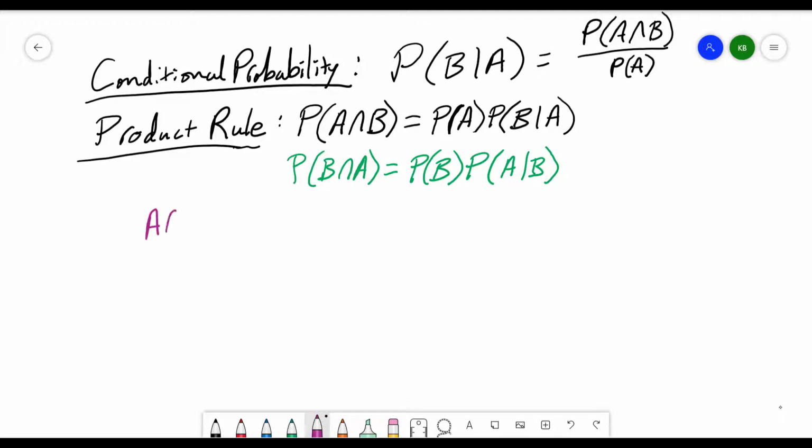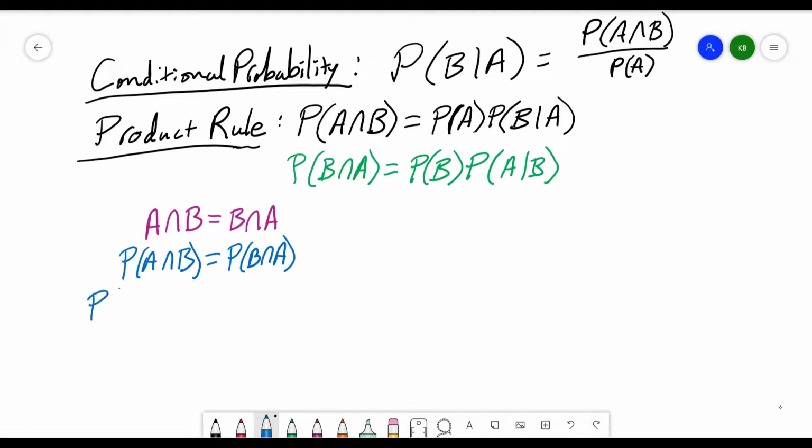However, A intersect B is actually the same set of outcomes as B intersect A. And since that's the case, then the probability of A intersect B equals the probability of B intersect A. So this actually tells me then that the probability of A times the probability of B given A equals the probability of B times the probability of A given B.